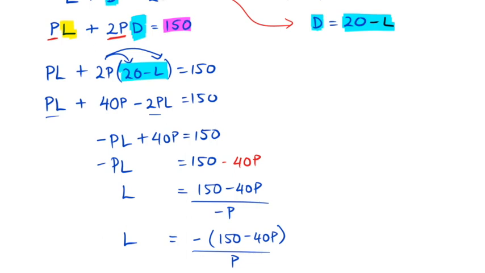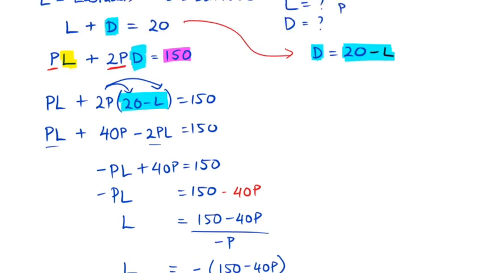Now I need to find the expression for the Dalmatian. I don't need to go back and do the whole thing again; instead I can use a little trick. Remember that we said in the first statement that L plus D equals 20.